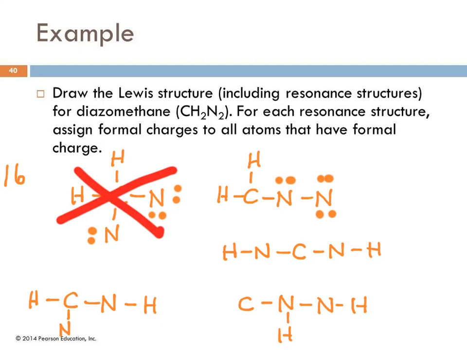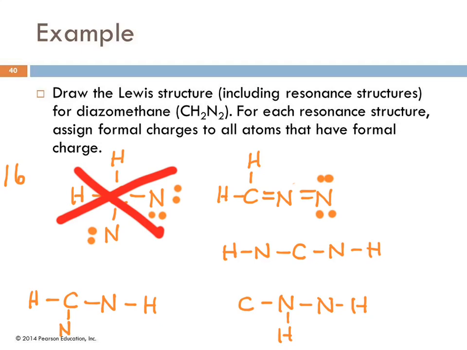We can take this guy and put him in here. And now carbon's happy, and this nitrogen in the middle's happy. This guy's not. But we've got this lone pair here we could move over. We could do that. Does that satisfy the octet rule?